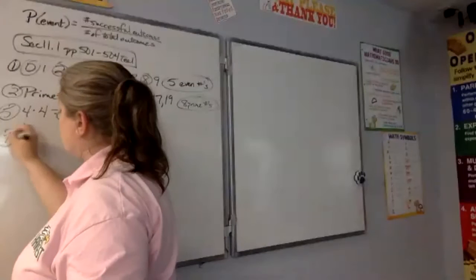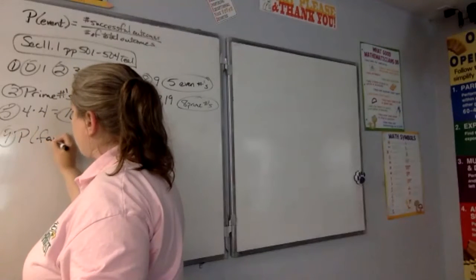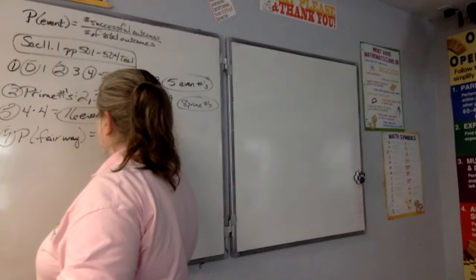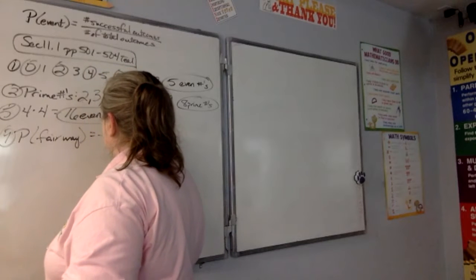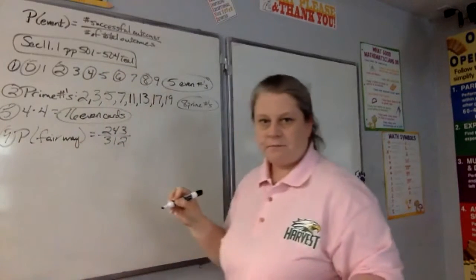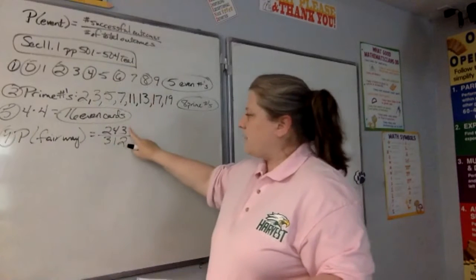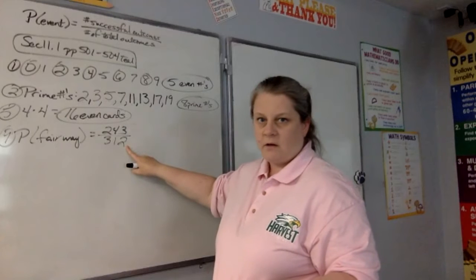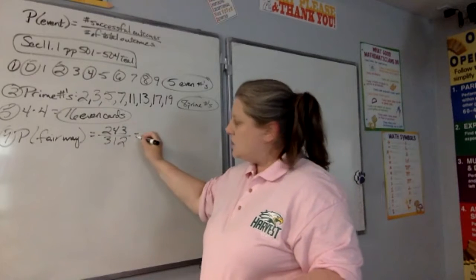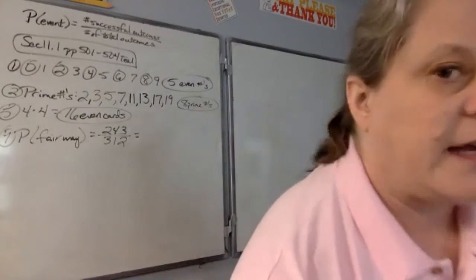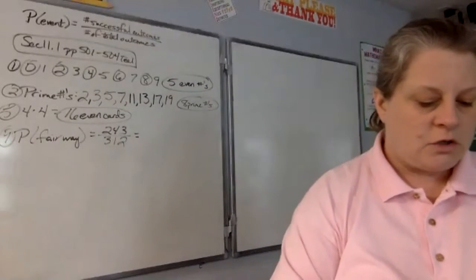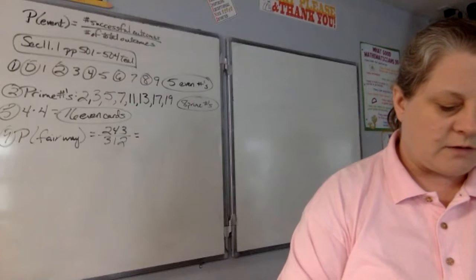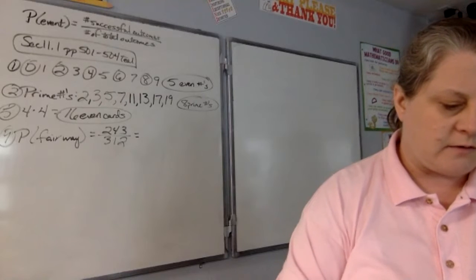So the probability of hitting the fairway was 243 out of 312 times. The number of times he hit it was 243. The number of times he tried total was 312. So you divide that, 243 divided by 312.